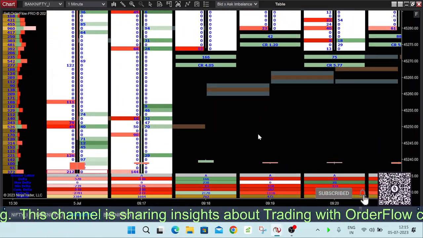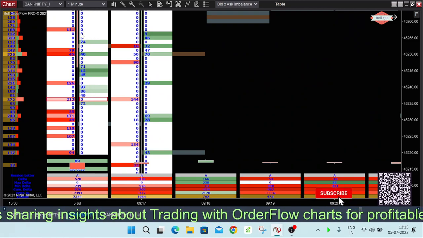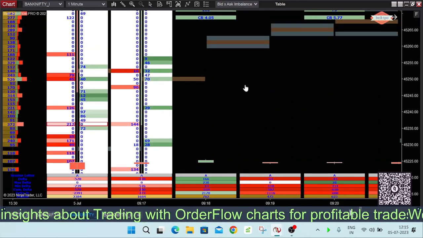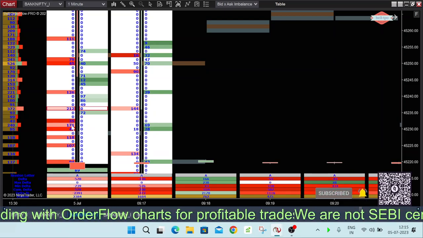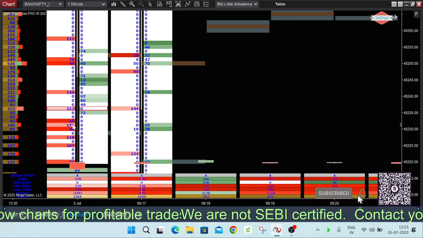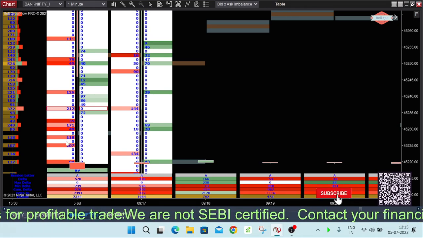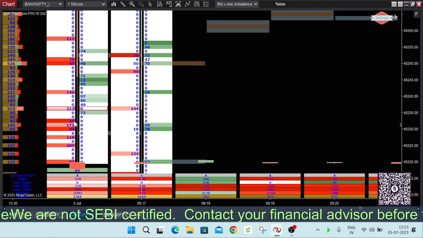So the first candle was pretty big and there were not many orders. All these zeros are called zero zones. See, there is a mixture of reloading and selling in these orders here. This 171 is reloading, trying to push the market up. This pure red color is pure sell order.